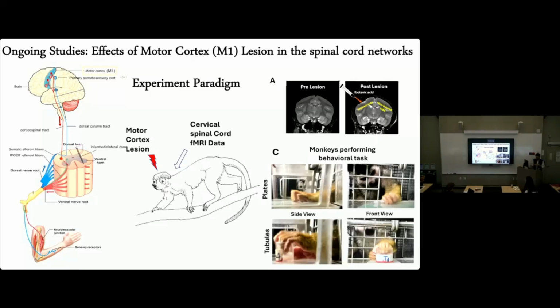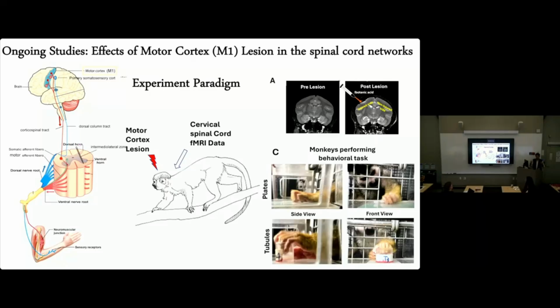So that was the motivation: we believed that a motor cortex lesion can also impair the spinal cord networks. And we also thought of paralleling and comparing them with the behavioral functional activities of the monkeys during this period of time.